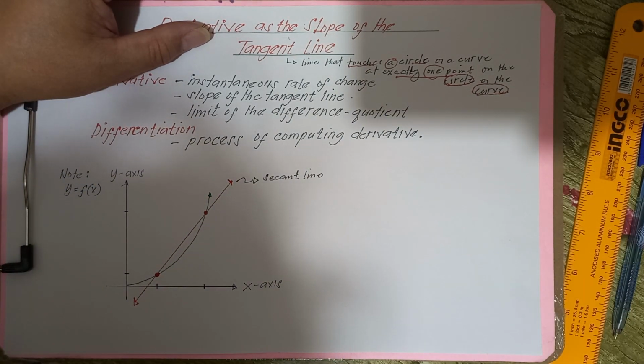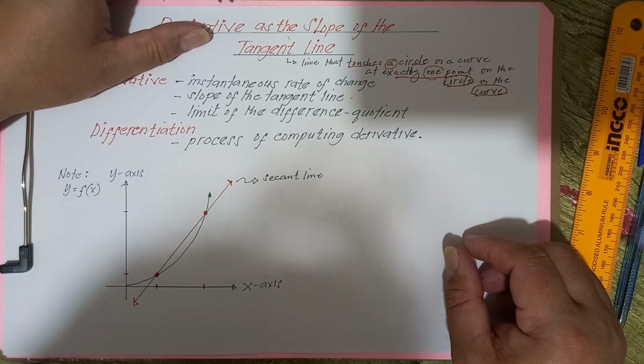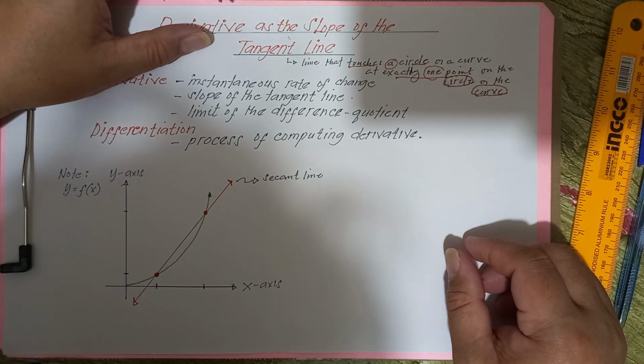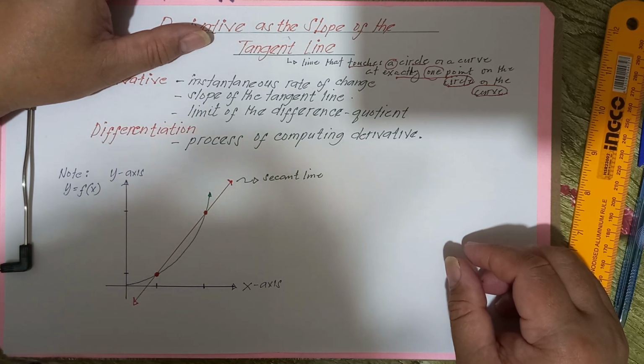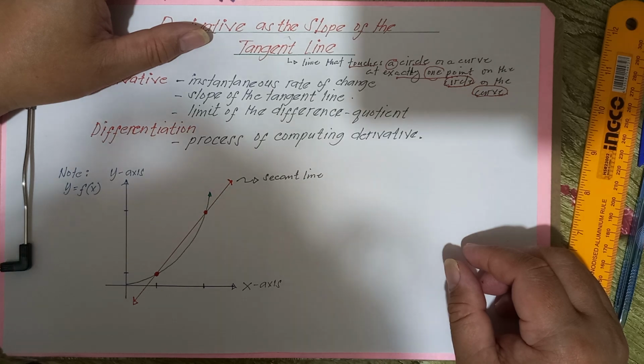The secant line is a line that connects exactly 2 points on the given curve or a circle, okay. So again, a secant line is a line that connects two points on a given curve or a circle.